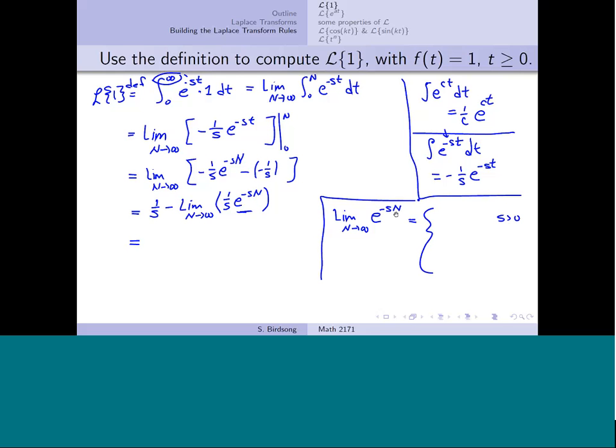So we've only got two options. It's either going to approach infinity or negative infinity, when s is positive.